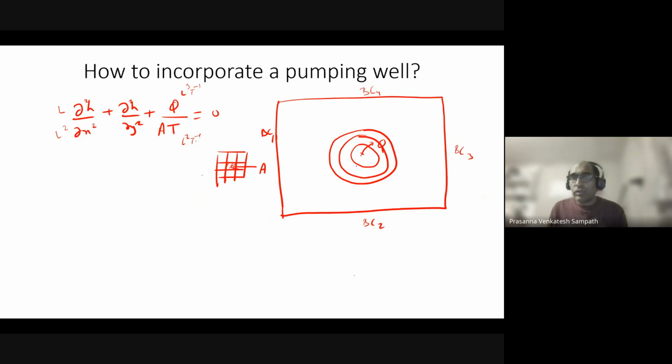Whether I move 20 meters in this direction or this direction or this direction, 20 meters in any direction, the drawdown is the same. To get the same number, do I have to go in all four directions and all 360 degrees to find the answer? If I find it in one direction, then by symmetry I know the answer in all the remaining directions, right?